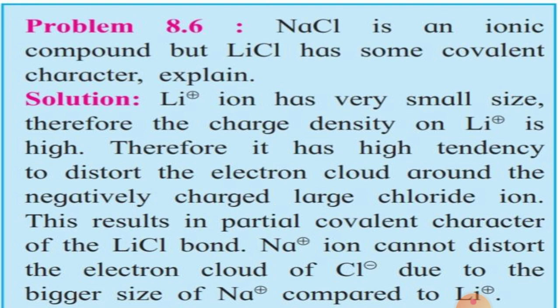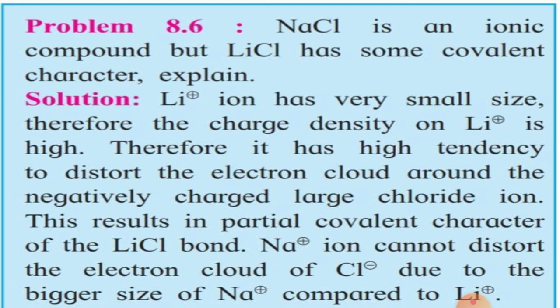So here is the solution for the question: lithium ion has a very small size. Lithium's atomic number is 3: hydrogen, helium, lithium. Therefore, as it has a very small size, the charge density on lithium is high.